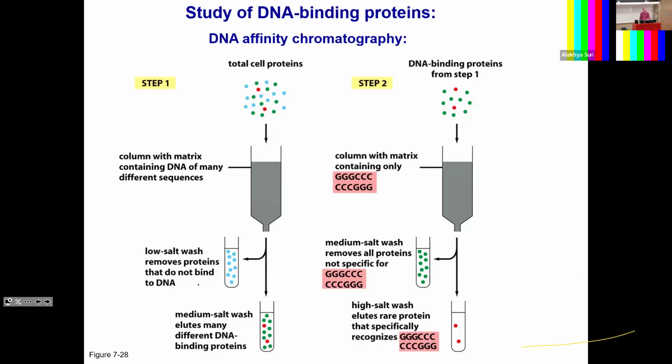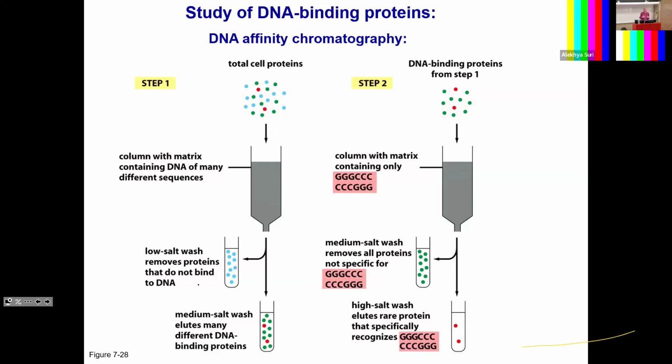These are in general proteins that bind to nucleic acids, but not a specific sequence. Then you would elute those proteins from the matrix with different concentrations of salt.